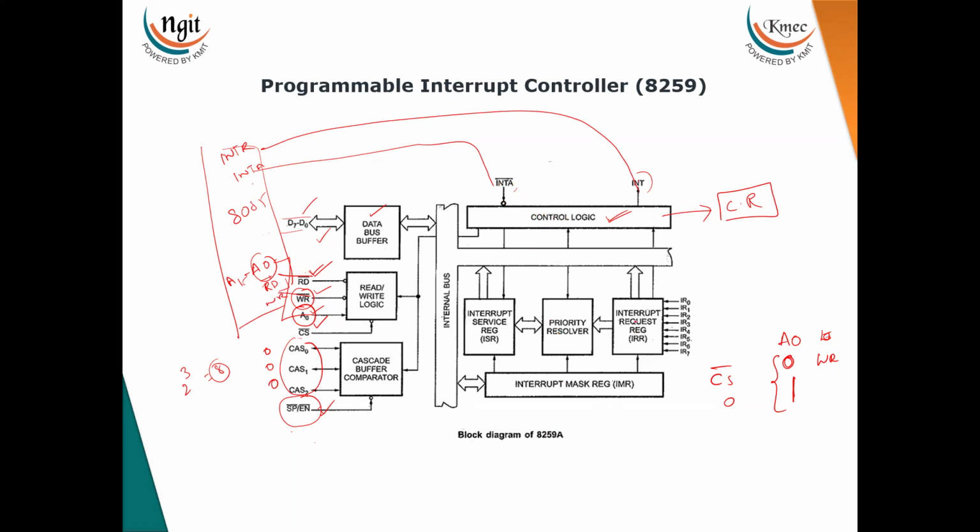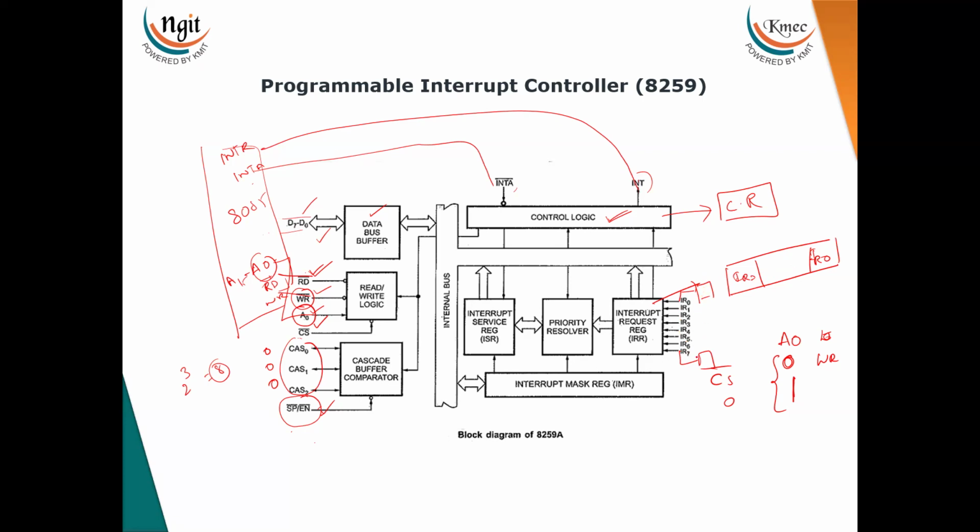Now coming to the interrupt request register. This is an 8-bit register having IR0 to IR7, total 8 bits. 8 pins are connected here, and 8 devices can be connected to these pins. These 8 devices can generate the interrupt request.